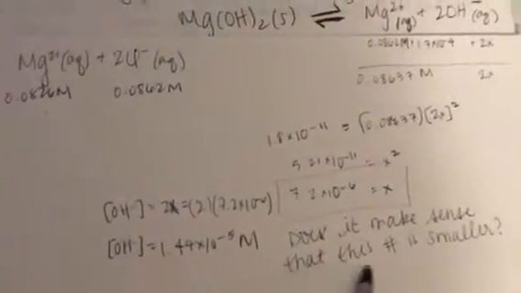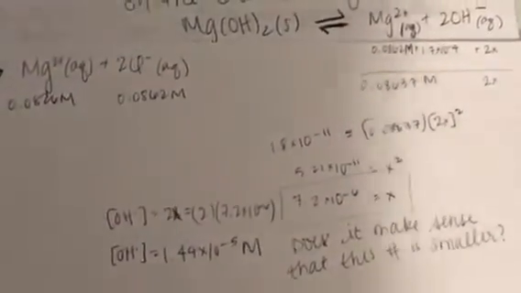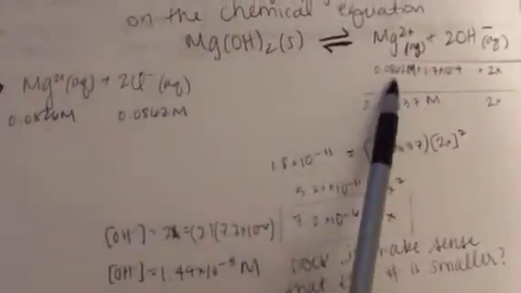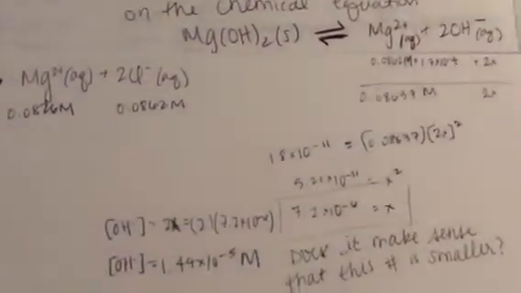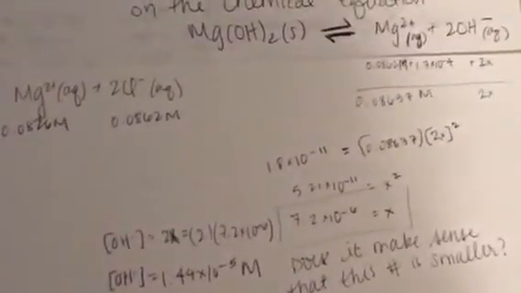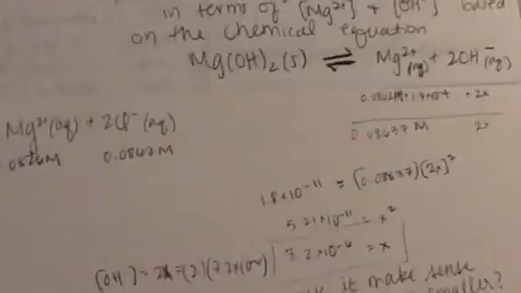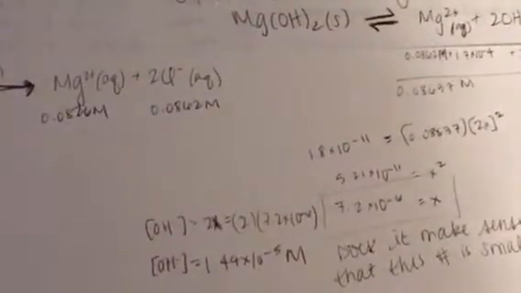So the question is, does it make sense that the number is smaller when I start with some amount of magnesium chloride, or magnesium 2+, in solution? Originally I had an OH concentration of 3.4 times 10 to the negative fourth, and now I have a concentration of 1.4 times 10 to the negative fifth.